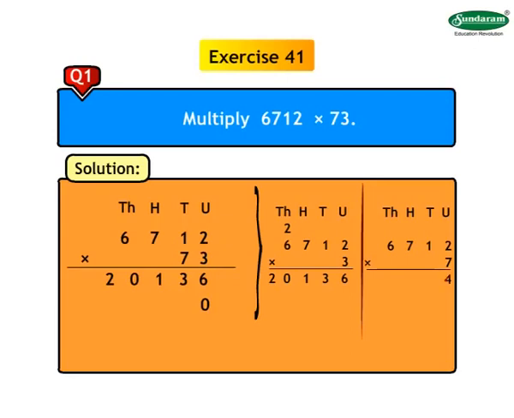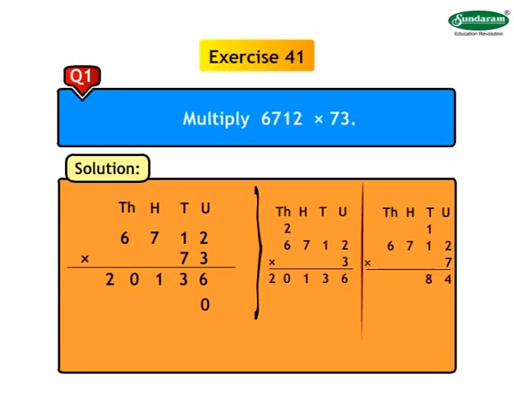Write 4 in the answer place. Carry over 1 to the tens place. Next, 1 ten into 7 is equal to 7 tens plus carried over 1 is equal to 8 tens. Write 8 to the left of 4 in the answer place.